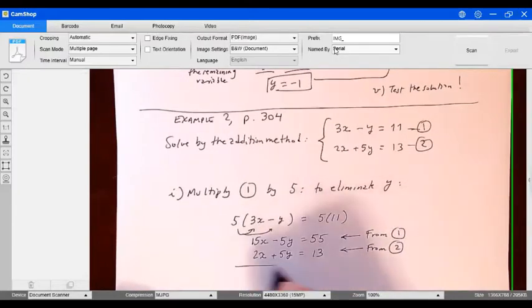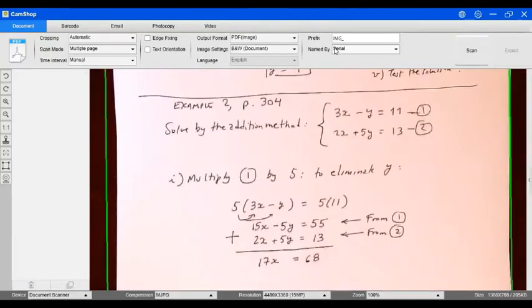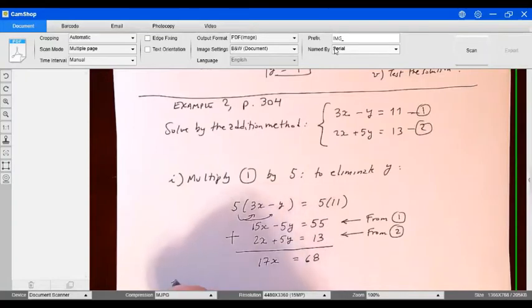So now we can add these two equations. If you do that, we're going to get 17x. We eliminate y, and 55 plus 13 is going to be 68. So this is my linear equation that I need to solve to find the value for x.